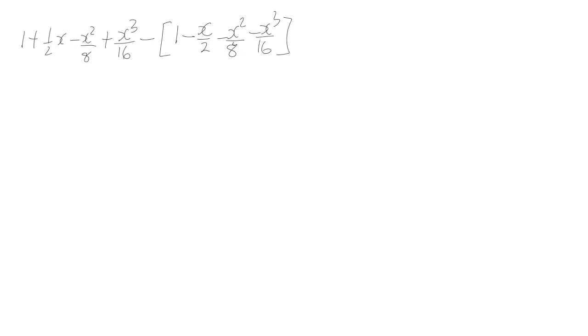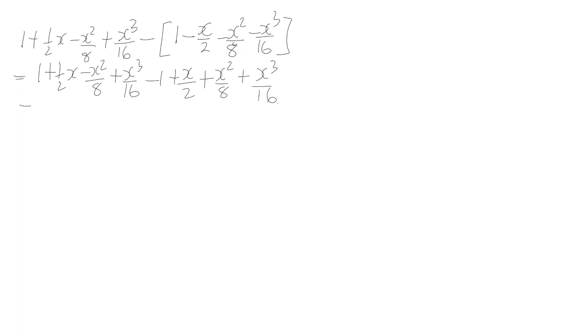Okay, when I expand this, I'll get 1 plus 1 over 2x minus x squared over 8 plus x cubed over 16 minus 1 plus x over 2 plus x squared over 8 plus x cubed over 16.